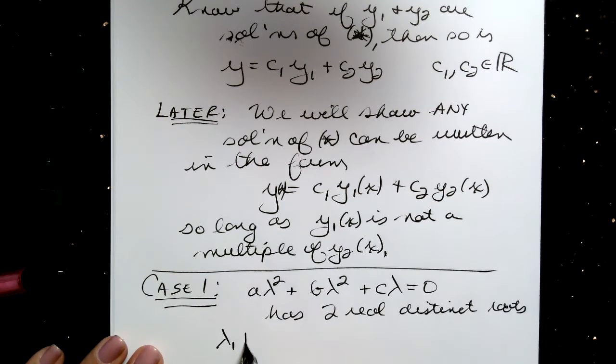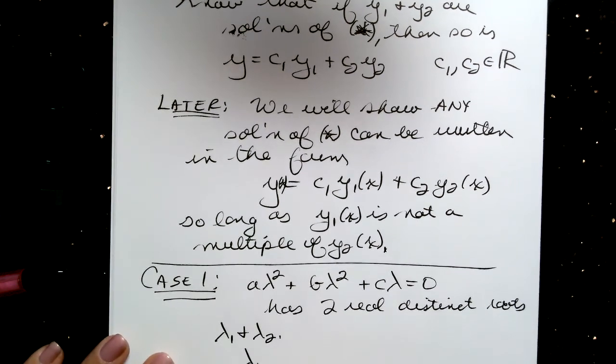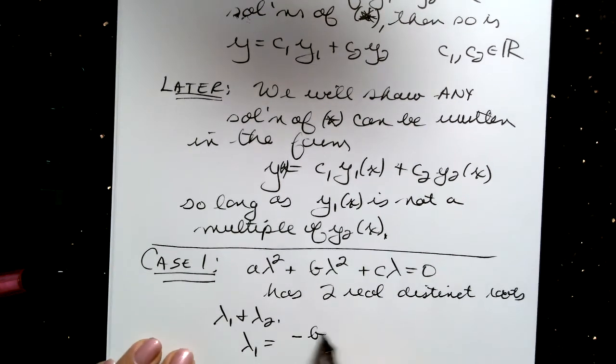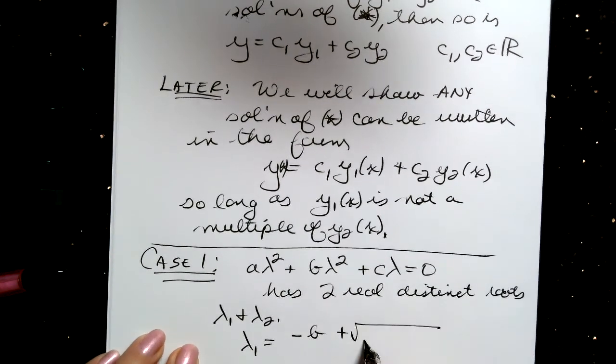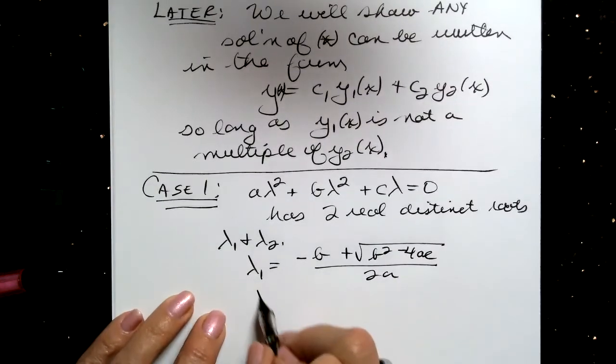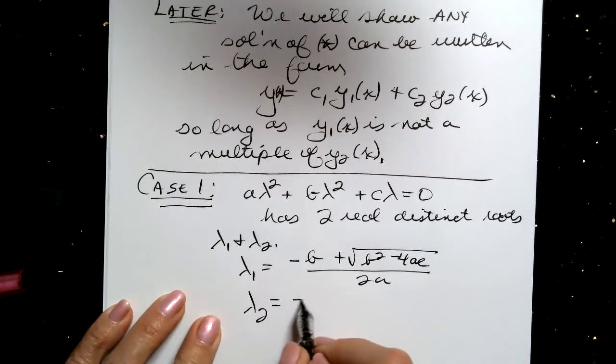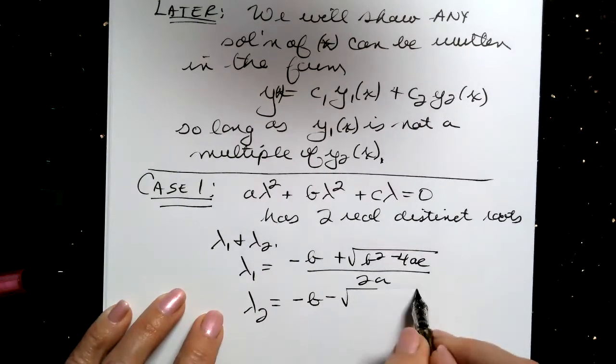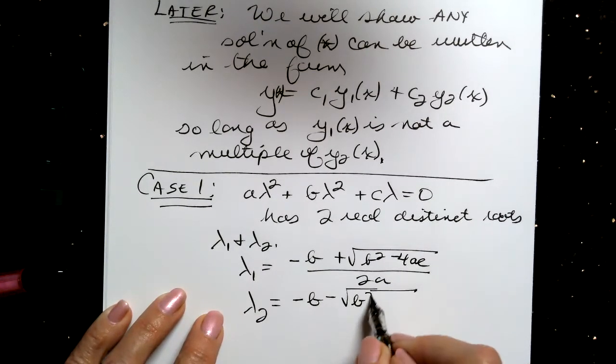Let's call them lambda 1 and lambda 2. Okay, so lambda 1 is minus b plus the square root of b squared minus 4ac all over 2a. And lambda 2 is similar, but with the minus sign in front of the square root term.